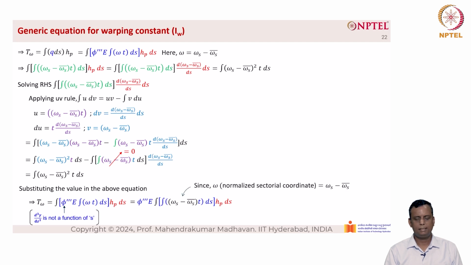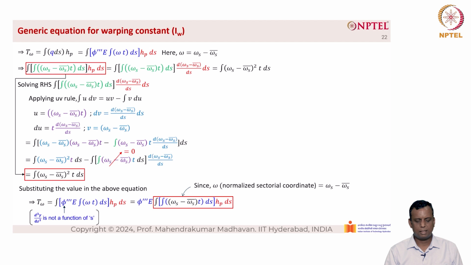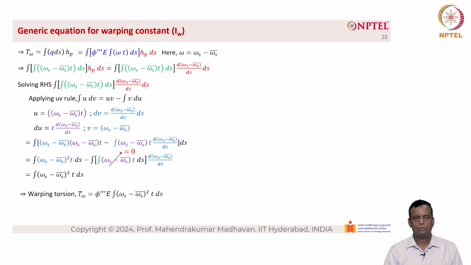But this entire term shown in the bracket was derived previously, so we can substitute that, as you can see from the red color boxes. So we have this equation boiled down to P triple dash into E into integral of (omega s minus omega s bar) the whole square into t into ds. So the warping torsion becomes T omega equal to P triple dash into E into integral of (omega s minus omega s bar) the whole square into t into ds.